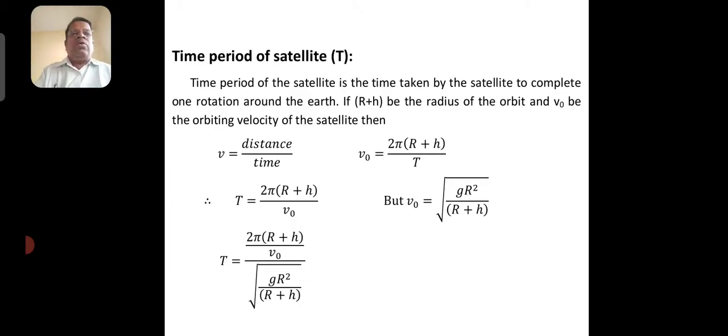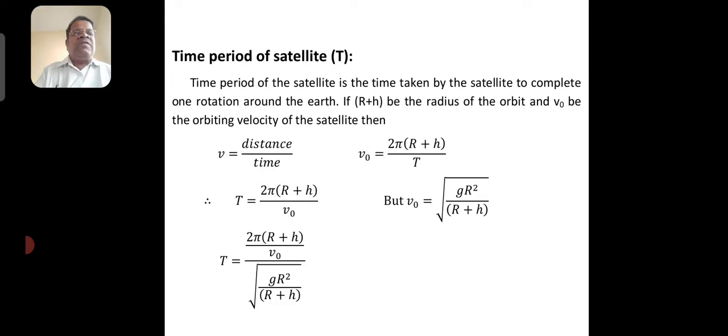Now, we have to discuss about time period of satellite. Time period of the satellite is the time taken by the satellite to complete one rotation around the Earth.